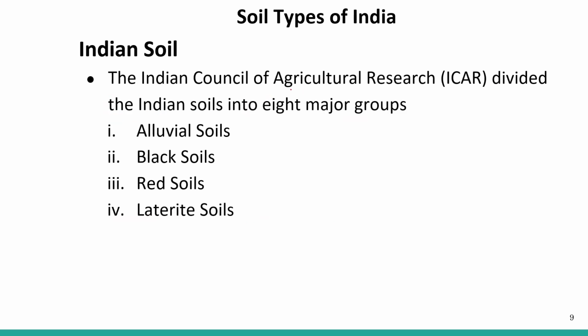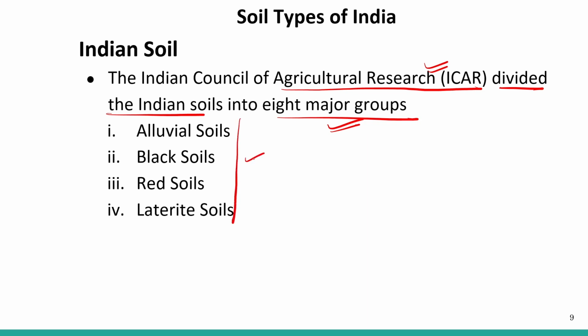The Indian Council of Agriculture Research, that is ICAR, divided the Indian soil into 8 major groups. So we have 8 types of soil in India. The first one is alluvial soil, black soil, red soil, and laterite soil.